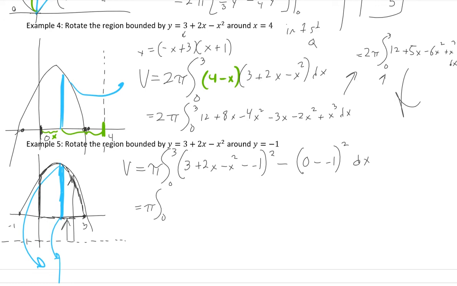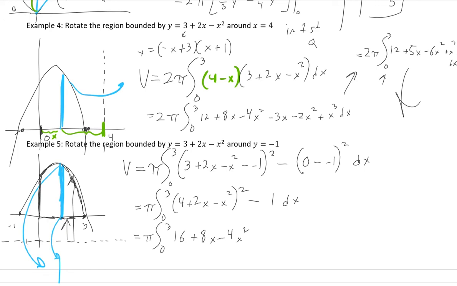All right, so that'll give us pi from 0 to 3. This one is really 4 plus 2x minus x squared. And this one is just -1 dx. So if I simplify that out at least a bit, I get 16 plus 8x minus 4x squared. And then I get 2x times everything.